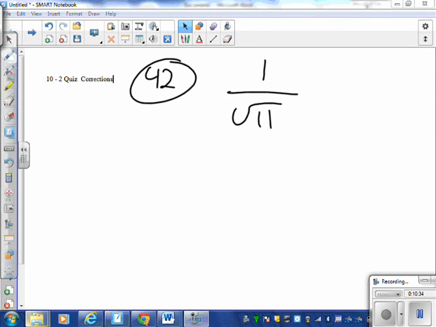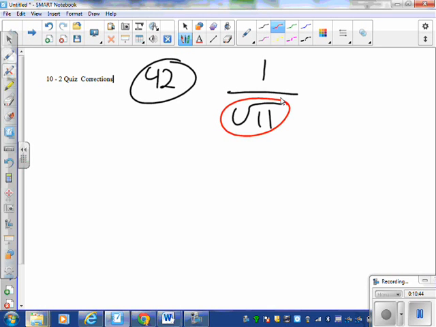Okay, next problem, number 42, 1 over square root 11. Remember, we don't want a square root number in the bottom. So what we need to do is multiply by that number on the bottom. So multiply the top and the bottom by square root 11. By doing that, 1 times square root 11 is square root 11.